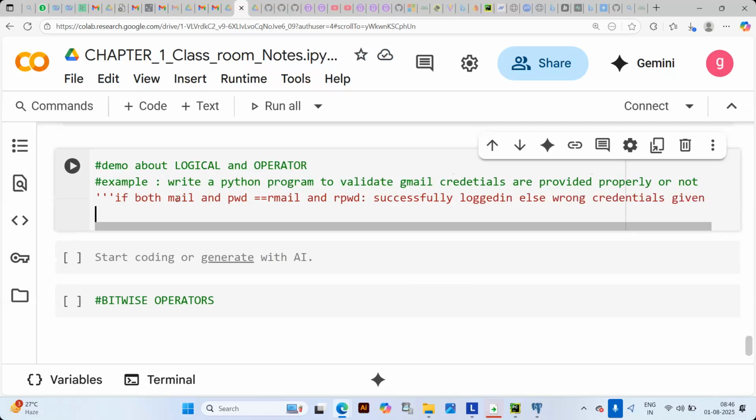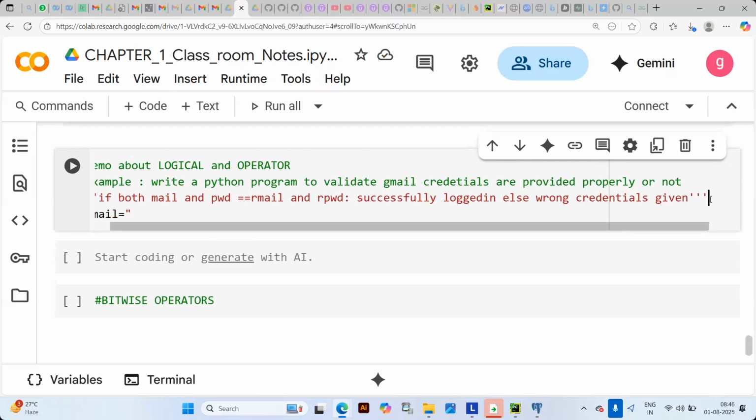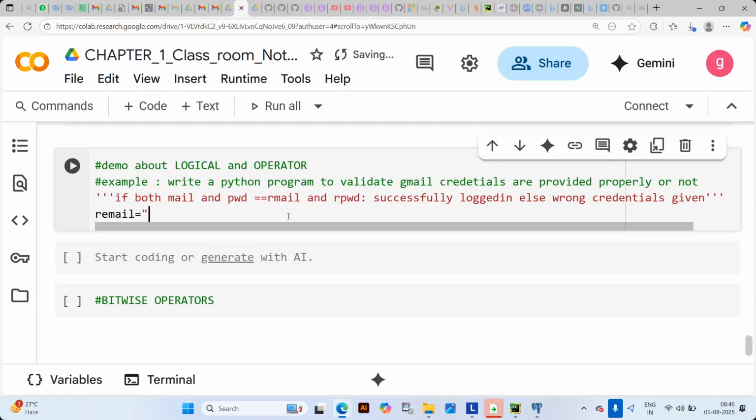Now I'll be writing it. For instance, the registration time mail I'll take as Venkat_Naik@gmail.com.